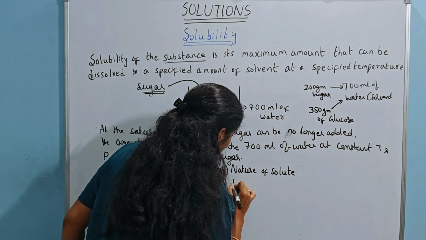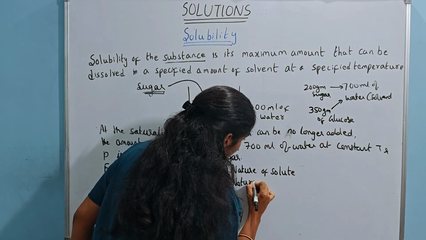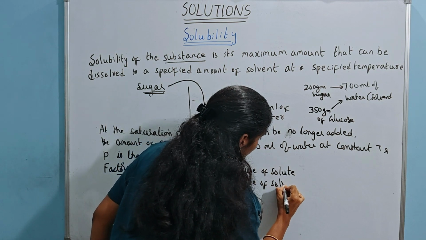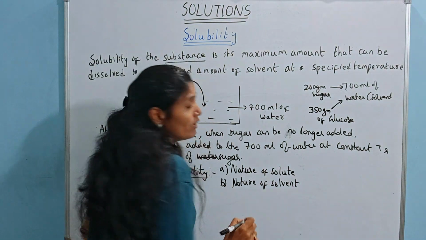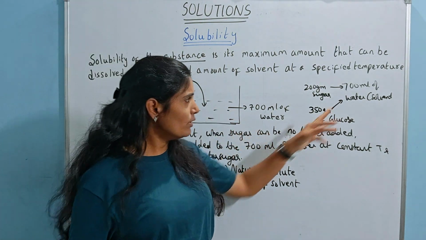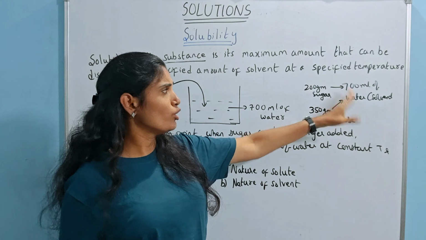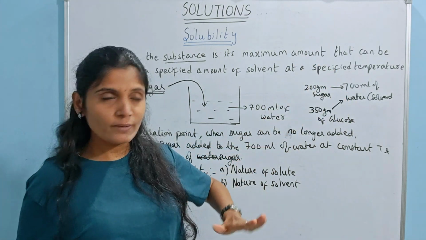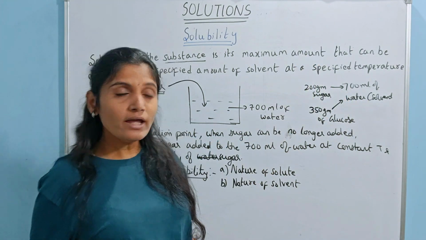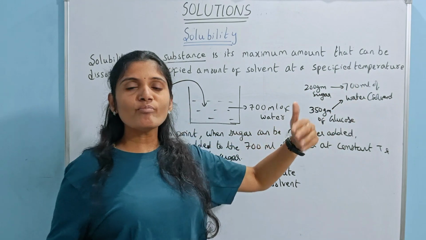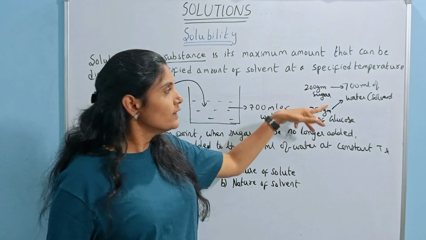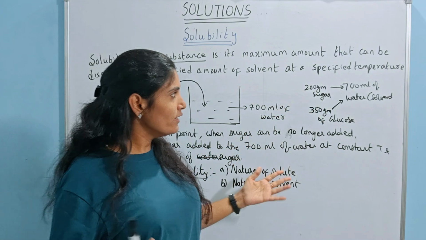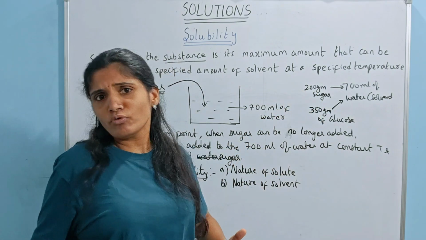It will also depend on nature of solvent. For example, I have taken 700 ml of water, so 200 grams of sugar got dissolved. If I change the solvent only, instead of water, if I change my solvent to alcohol, which is ethanol, then maybe more amount of sugar would have been dissolved.